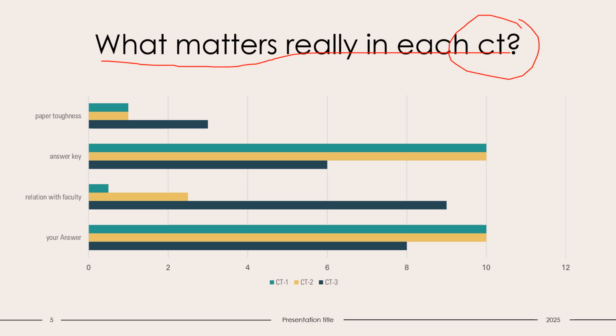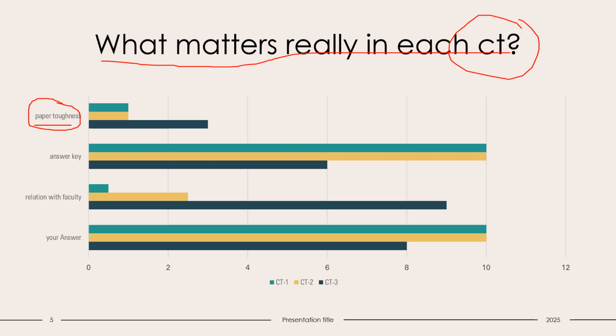So firstly, talking about paper toughness. How much it matters how tough your paper was or how tough your set was compared to the other set. Generally you have more than one set during your CTs. Your neighbors would have a different set, you would have a different set. As per my experience, and if you ask anyone else also, in CT1 and CT2, it doesn't matter how the paper is set, how tough it is, it doesn't really matter.